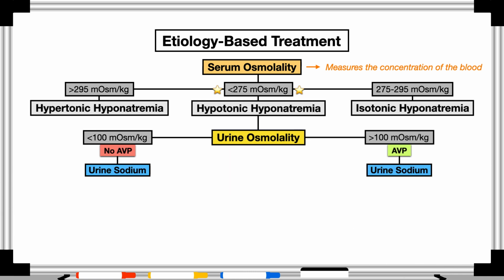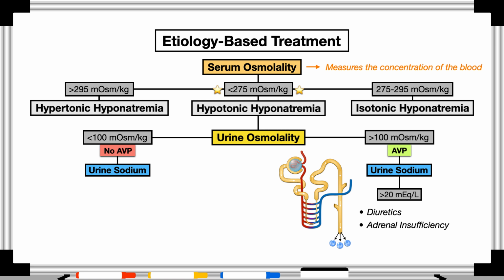Furthermore, the urine sodium will help to distinguish between renal and extrarenal losses for hypovolemic hyponatremia and between heart failure, cirrhosis, and renal disease for hypervolemic hyponatremia.